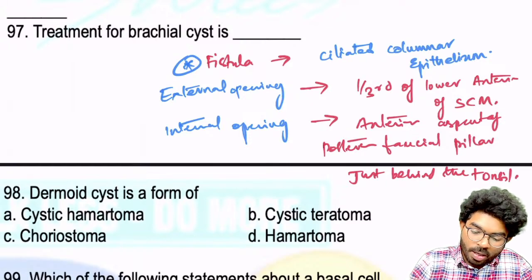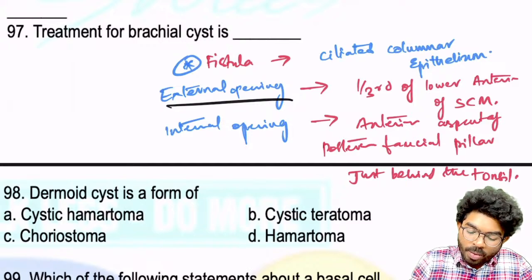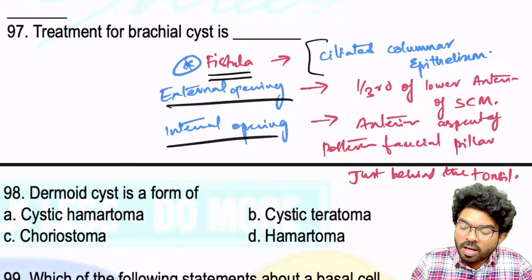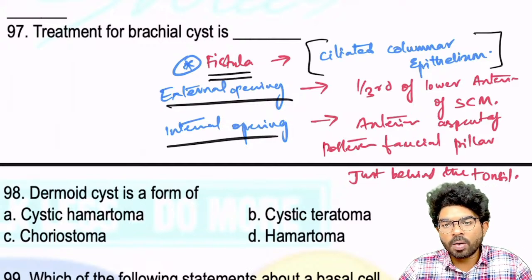So please do make a note of this external opening and internal opening of the fistula. Very frequently asked: brachial fistula is lined by ciliated columnar epithelium.